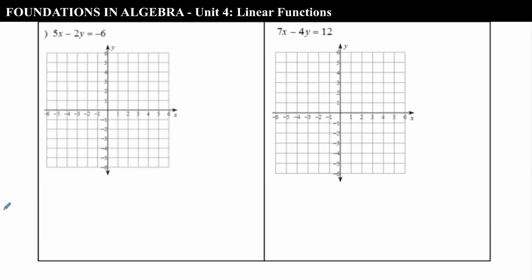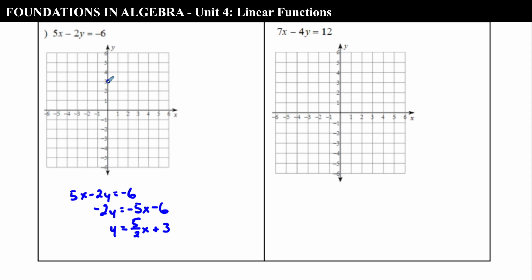For the next one, we have 5x minus 2y equals negative 6. Subtract 5x from each side, you get negative 2y equals negative 5x minus 6. And divide everything by negative 2, and you're going to get positive 5 over 2x plus 3.